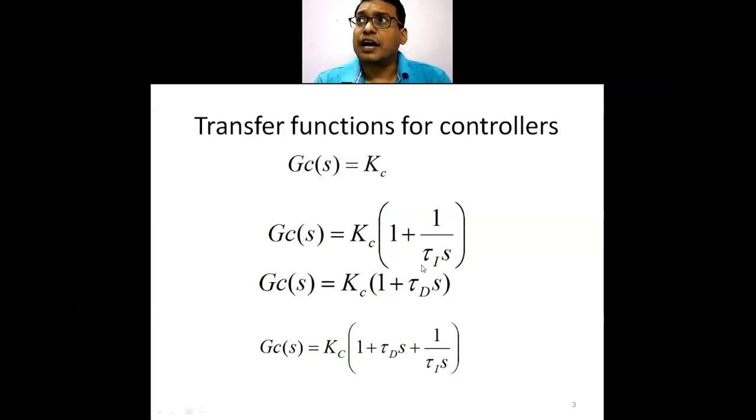Then if it's an integral controller, the time constant, the tau I value, and the tau d value if it is a derivative controller. So you have to substitute the values for the proportional controller, the proportional gain, the time constant for integral, and the time constant for the derivative systems.